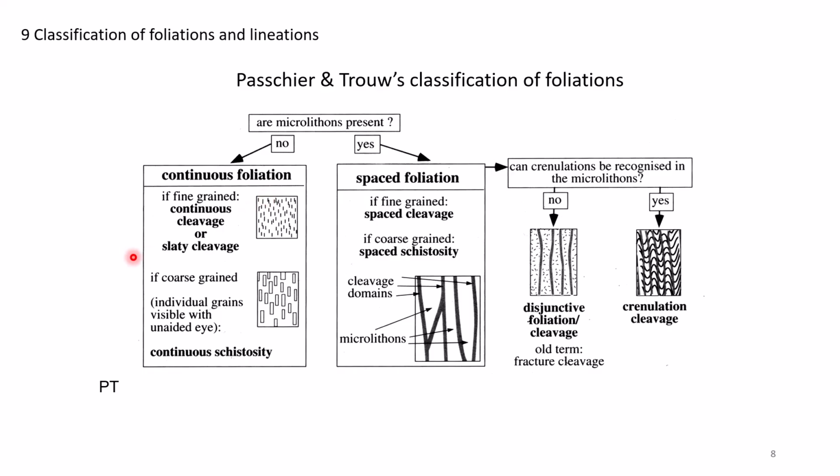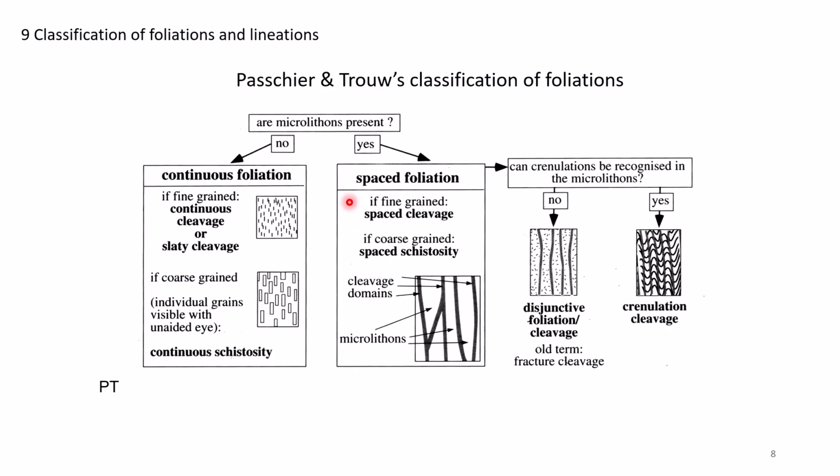In coarser grained rocks, that means microschists perhaps, where you easily can recognize the individual mineral grains, such a continuous foliation would be referred to as continuous schistosity. So the difference between continuous cleavage and continuous schistosity is simply the grain size of the rock in which the foliation is developed.